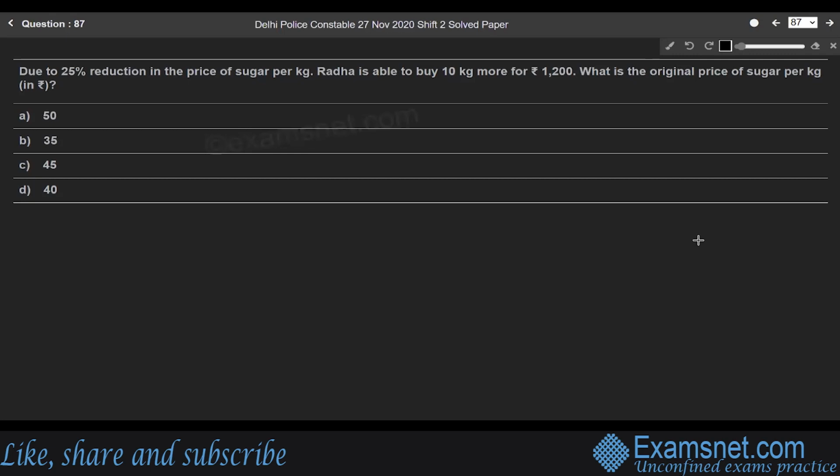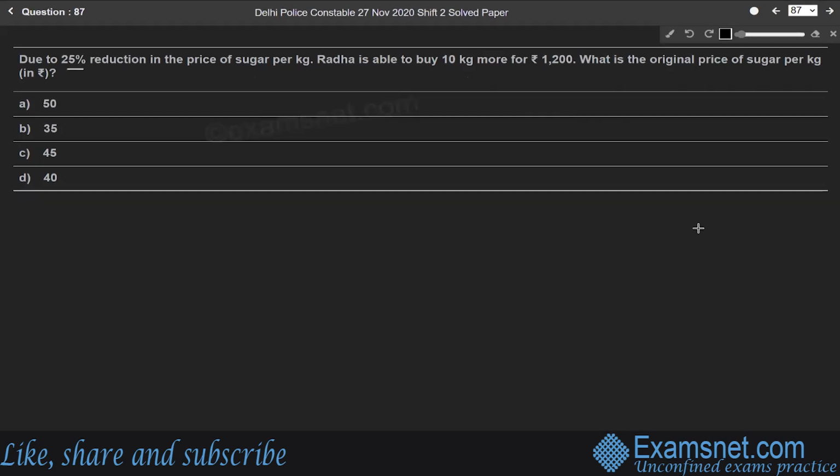Question 87. Due to a 25% reduction in the price of sugar per kg, Radha is able to buy 10 kg more for rupees 1200. What is the original price of sugar per kg in rupees? So here is the given data. The change in the quantity of sugar after the price reduction. What is the change in quantity?